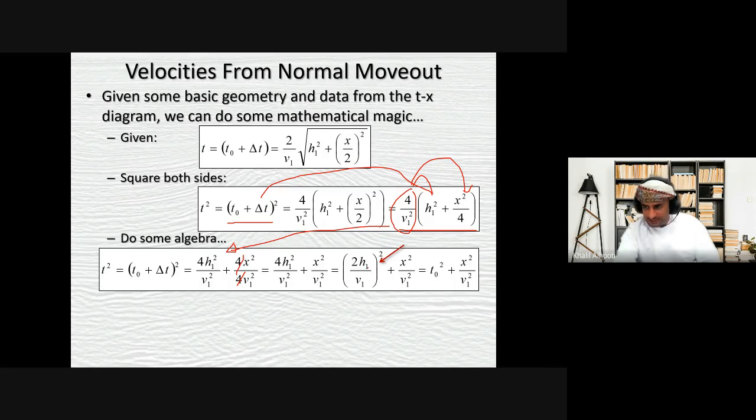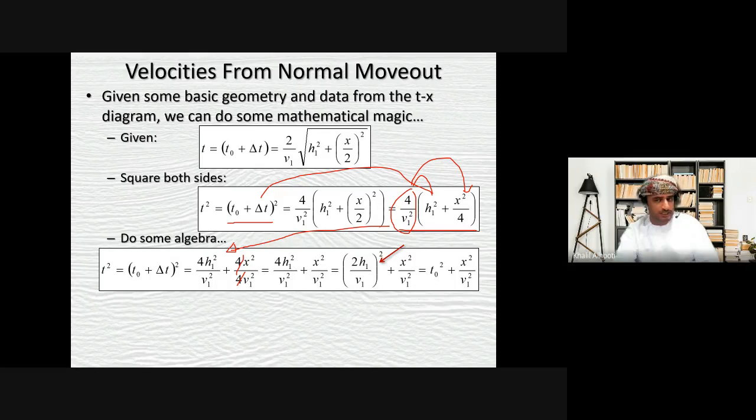What do these things remind you of? 2h1 over v. 2h1 over v. It reminds you of what? Who can tell me? What 2h? No, 2h, this inside the 2.